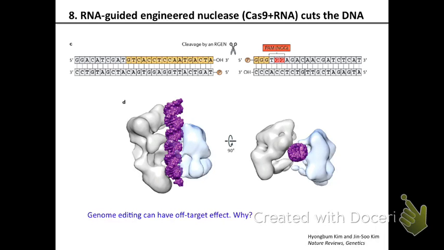But you're pretty smart. Before you actually design your guide RNA, you should do a BLAST and search that, okay, this guide RNA is present only at the site that I'm actually sending this thing to.